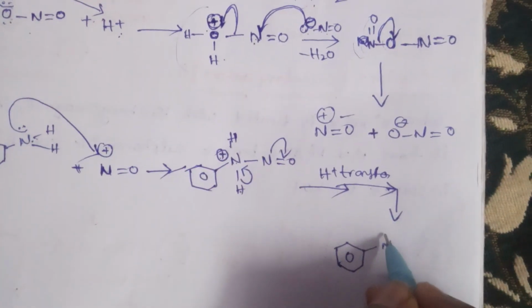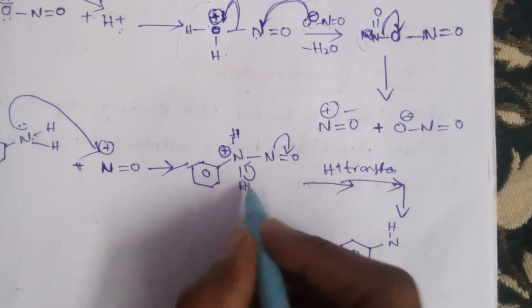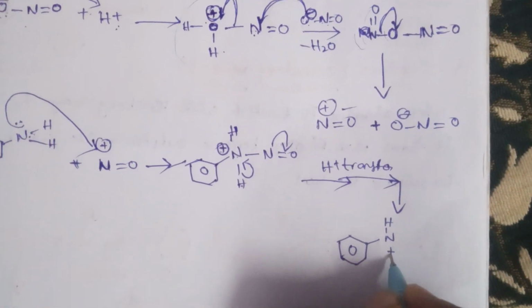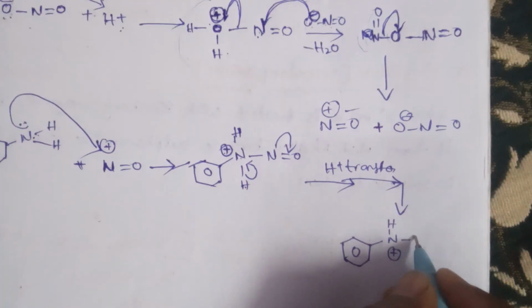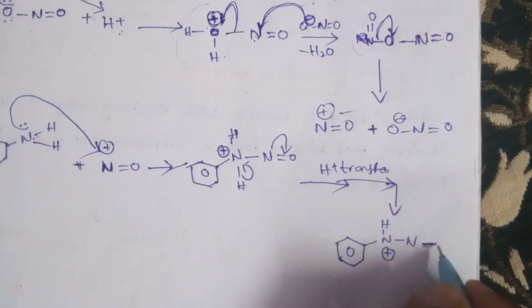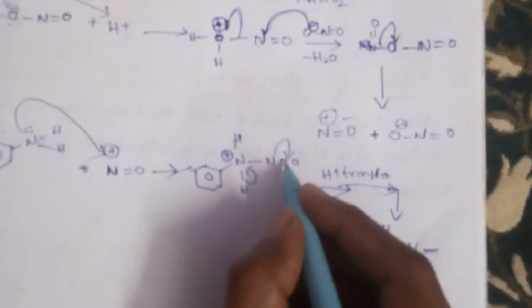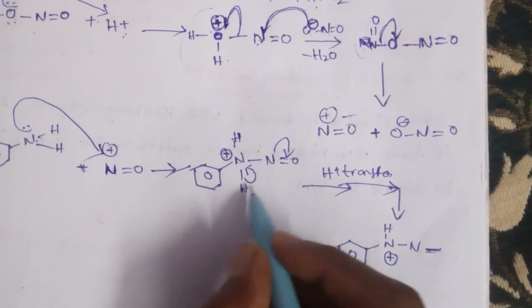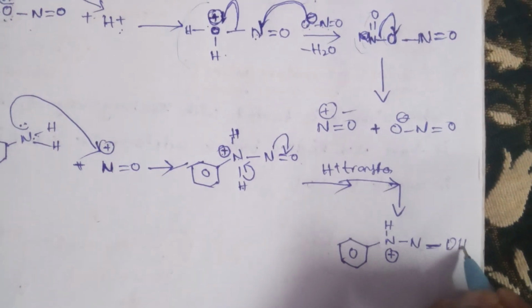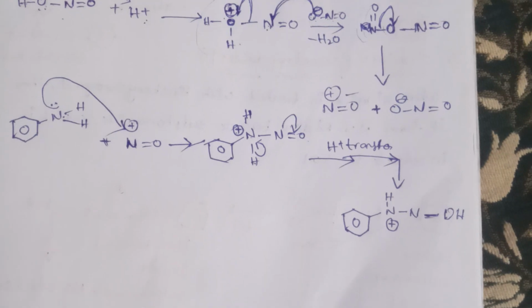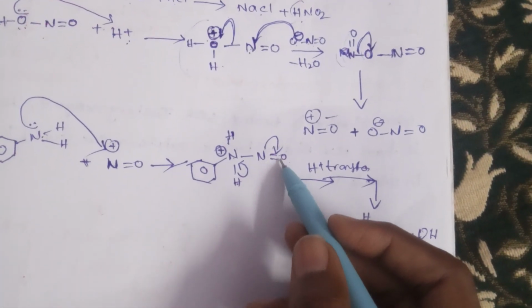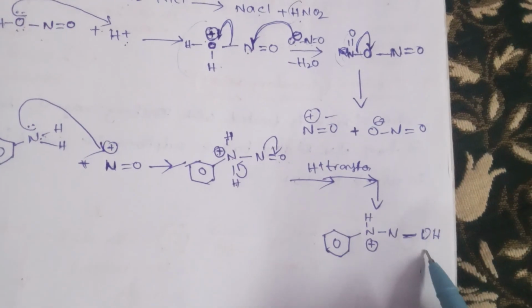Hydrogen transfer means nitrogen gets a double bond, this hydrogen is removed and nitrogen has a positive charge, and the double bond is removed and a single bond is formed. This hydrogen is transferred to this OH.